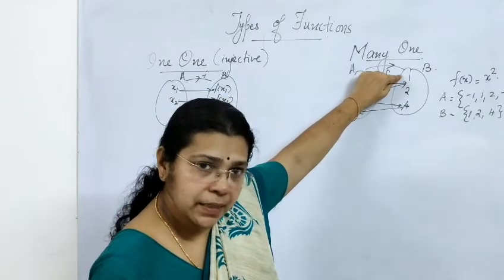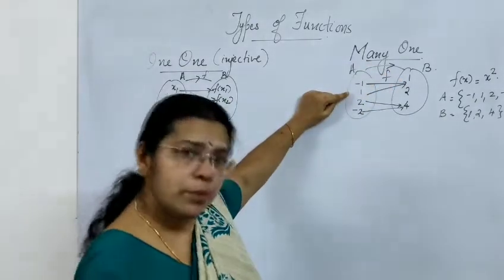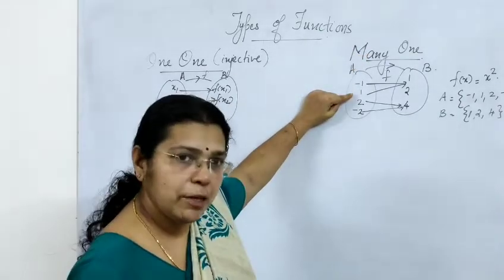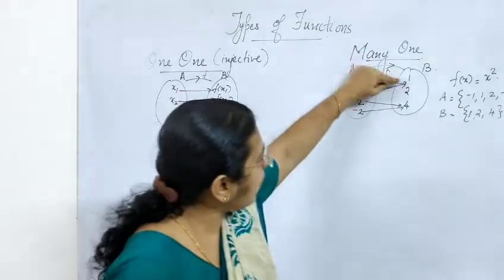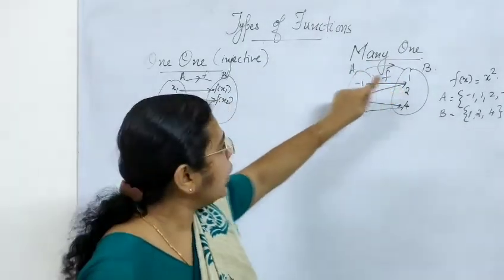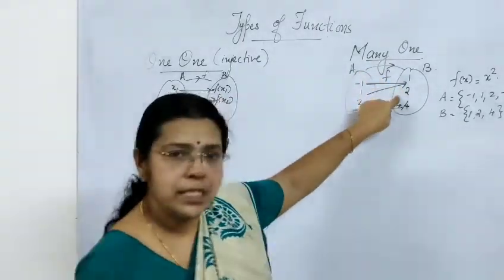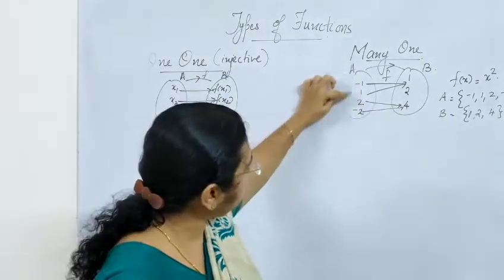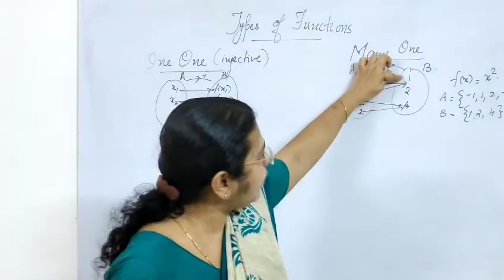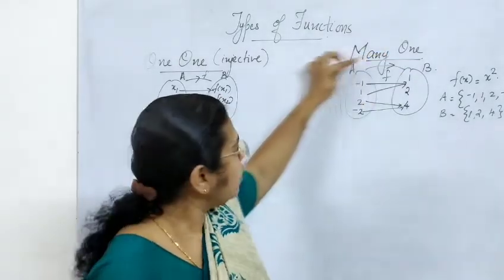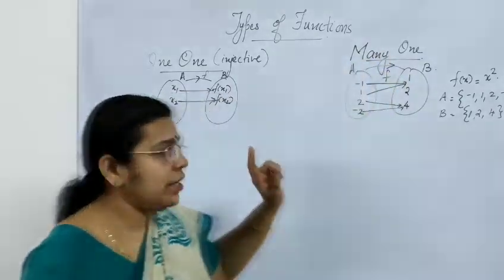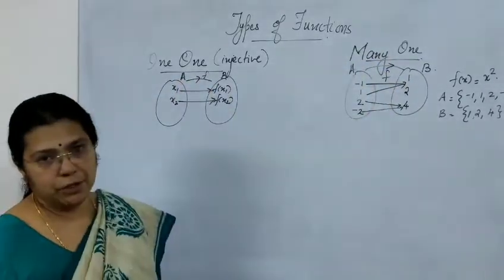Many of the elements in the domain of the function are mapped to a single element here. If a function arises in this form, it is called many to one. So this is a many-one function and this is a 1-1 function.